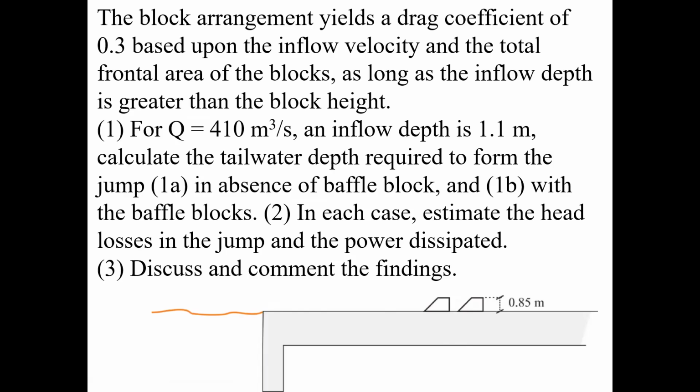The block arrangement leads to a drag coefficient of 0.3, and for a discharge of 410 cubic meters per second and an inflow depth of 1.1 meter, let us calculate the tailwater depth required to form the jump and the rate of energy dissipation in absence of baffle blocks and with the 2 rows of baffle blocks.